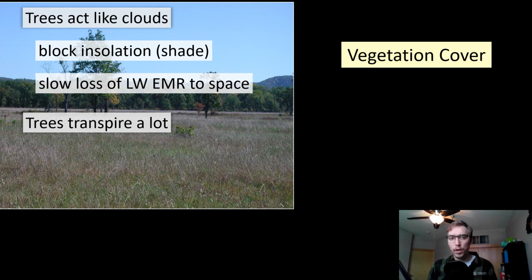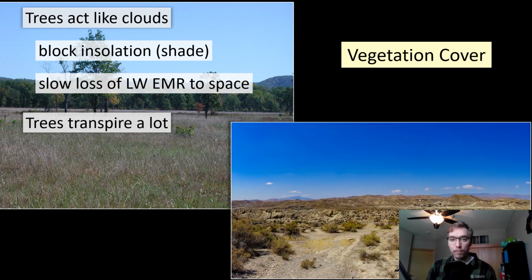And think of how cool it is under a dense forest canopy in the summertime, even if it's really, really hot. If you're standing in this picture that we see here, standing in this grassy area versus standing under that canopy in the back, it'd be a lot warmer in that grassy area than it would be within the canopy. Unless you're somewhere like this in the semi-arid to arid Southwest, for example.